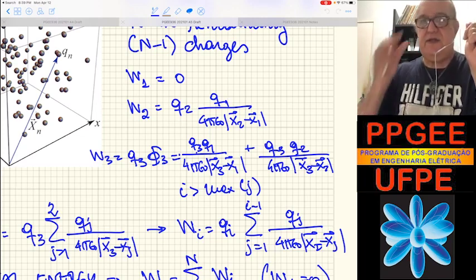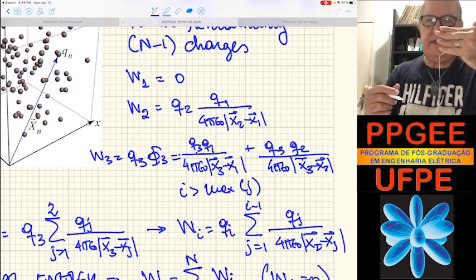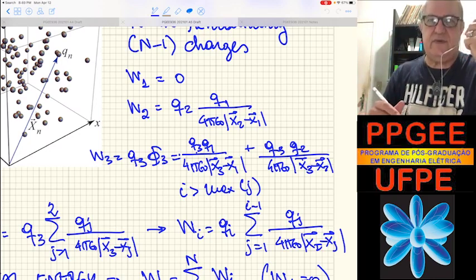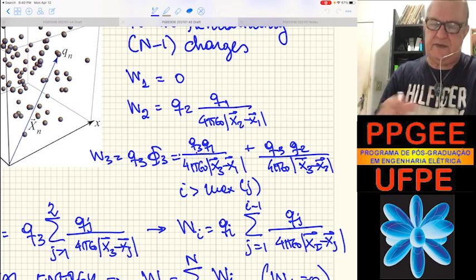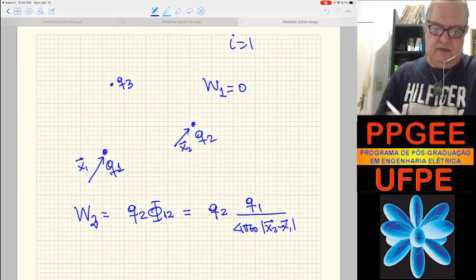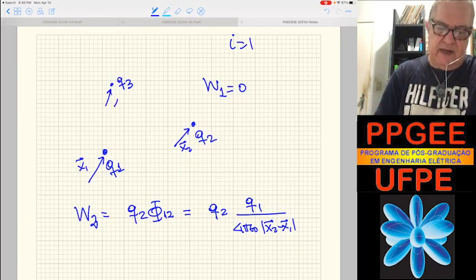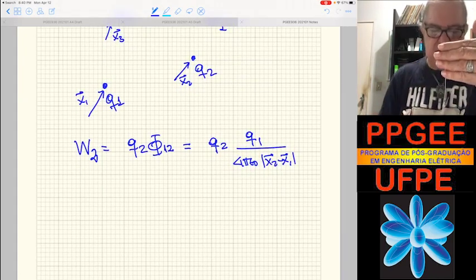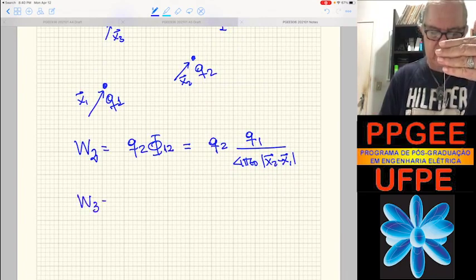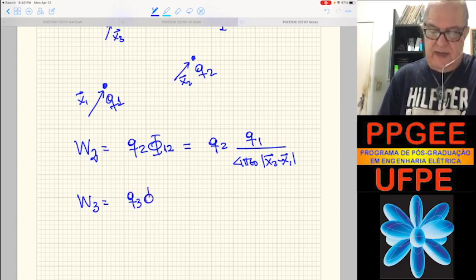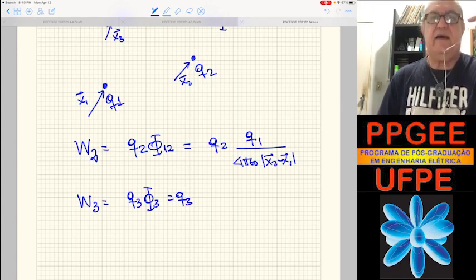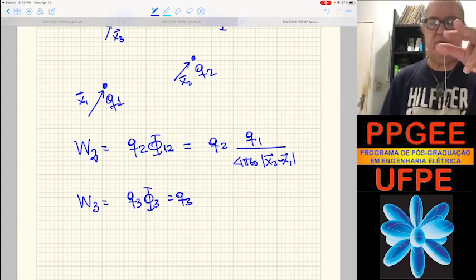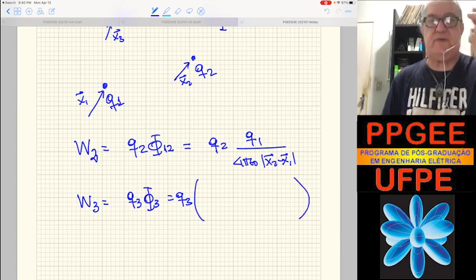The new energy that I have to add is the energy of Q3 in the presence of the previous charges, right? So I bring Q3 here, position x3. The energy to add this third charge is going to be W3 equals Q3 times the potential at position 3, which equals Q3 times, then you have charge 2 on position 3 and charge 1 on position 3. The potential is the sum of the two potentials.